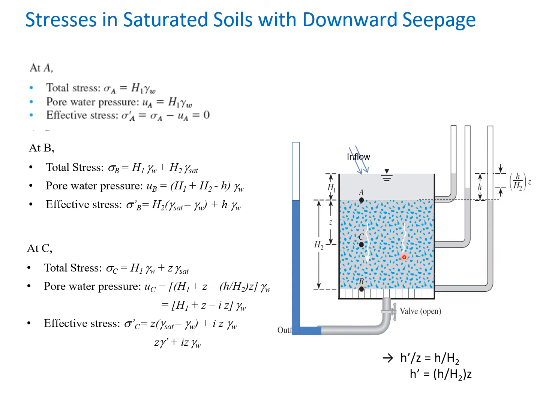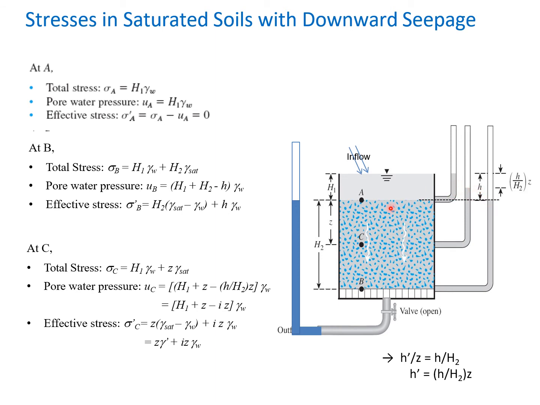So again you can see that the hydraulic gradient is small h, the difference between this level and this level, divided by the total length of the soil, that is H2. But this one is the head loss that you have when there is flow from this level to this level.